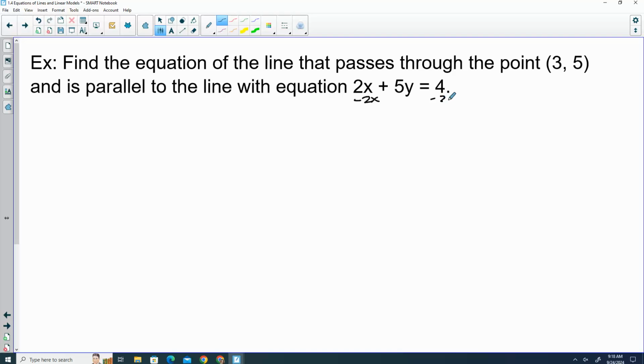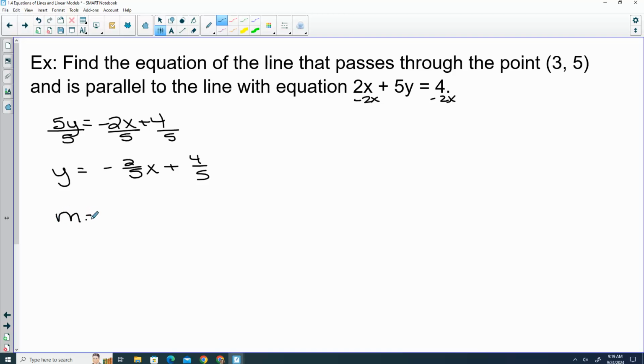So if we subtract over our 2x, then we have 5y equals negative 2x plus 4. Divide by 5. So negative 2/5 x plus 4/5. But all I really need from this is, what's my slope?